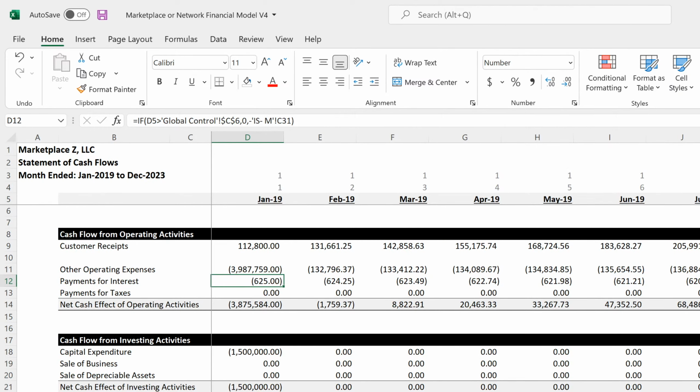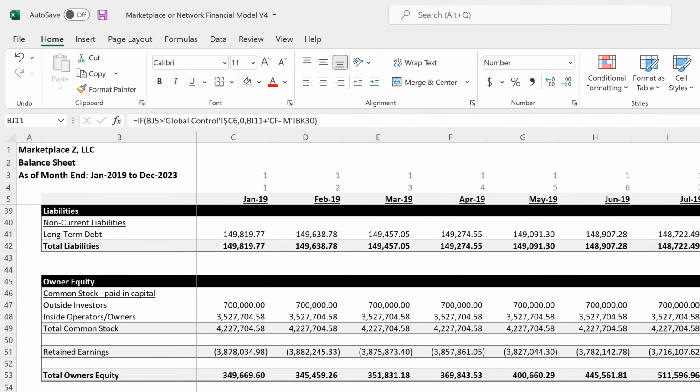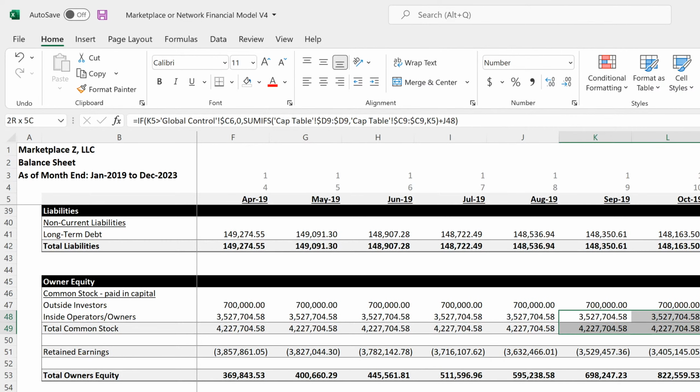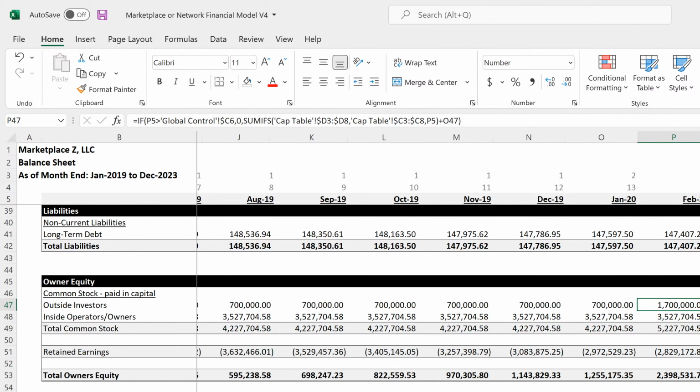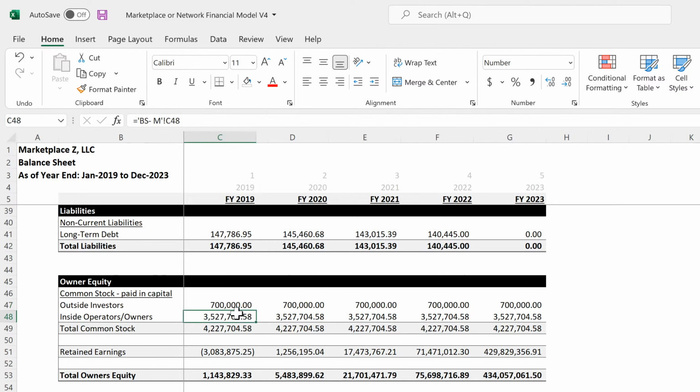So it's coming in here. Balance sheet. It hits here. Oh, okay. So the annual.